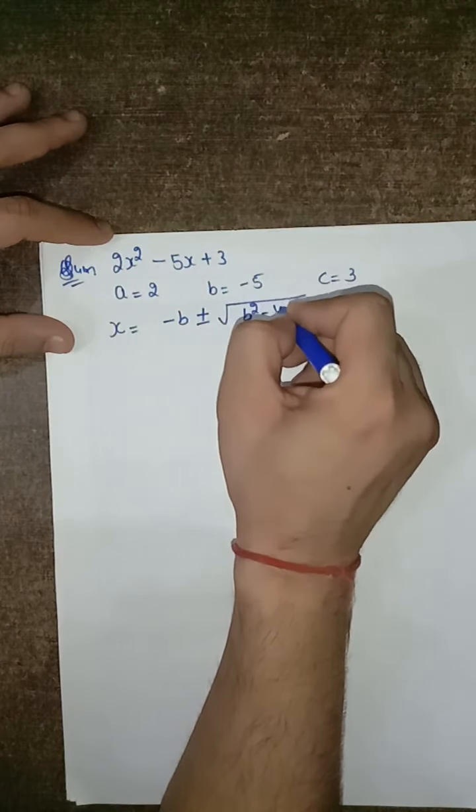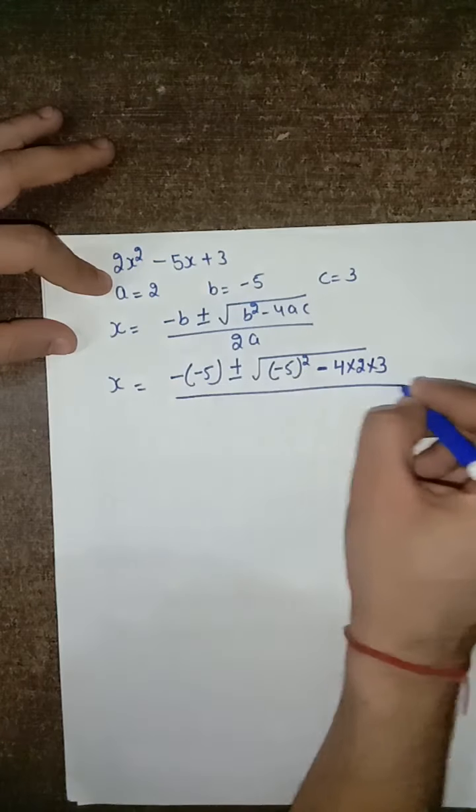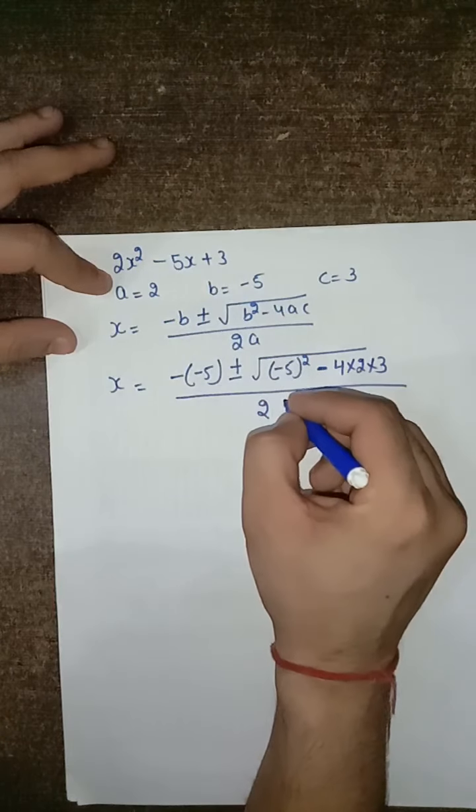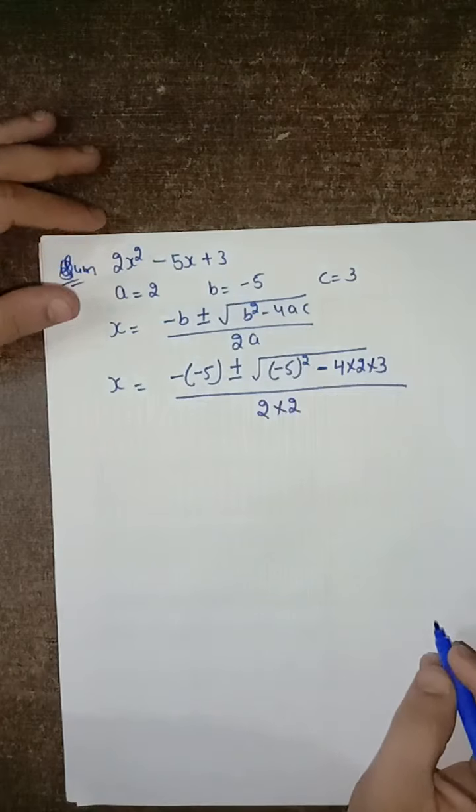Then x will be minus b, meaning minus into minus 5, plus minus square root of b square, that is minus 5 square, minus 4 into a into c, divided by 2a, that is 2.